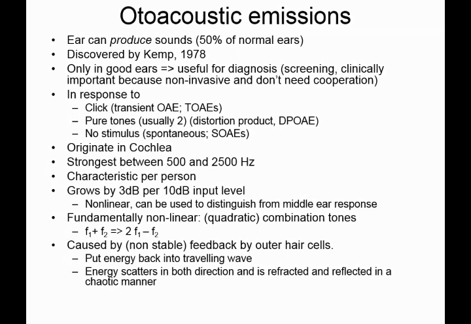And screening means you can detect cases where it's likely to go wrong. The point is, if you hear an otoacoustic emission, you're pretty sure that the hearing is alright. If you don't hear it, you have a higher chance that it is wrong. But it doesn't mean that, because it's only in 50% of the cases, so you still have a high chance that your child is hearing well.